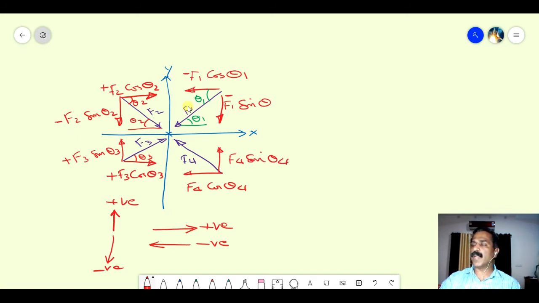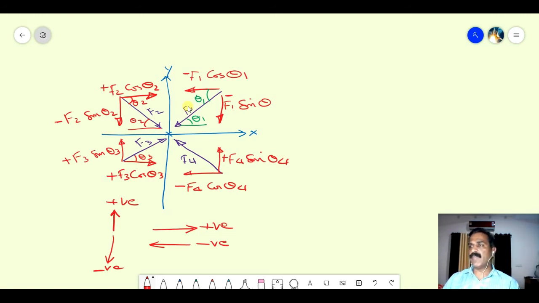Okay, and regarding the sign, this is positive. This will be negative. Why? It is from right to left, or towards left. So these are the components of these forces. Forces F1, F2, F3, and F4, which are acting respectively in the first, second, third, and fourth quadrants. And also they are concurrent forces acting towards the origin.